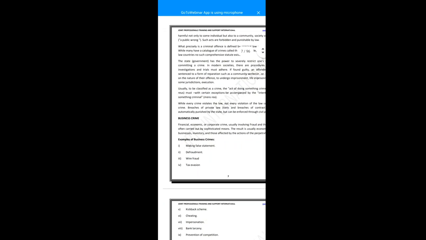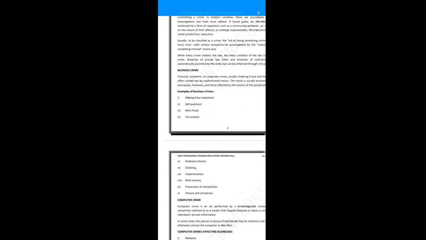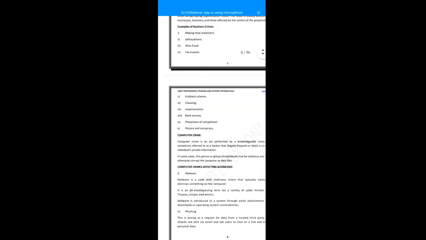Now, examples of business crime are making false statements, false documents, defraudment, wire fraud, that's fraud through the internet, tax evasion, kickback schemes, cheating, impersonation, bank larceny, prevention of competition, perjury, and conspiracy. All these are business crimes which are punishable either by the state government or by the appropriate authority.